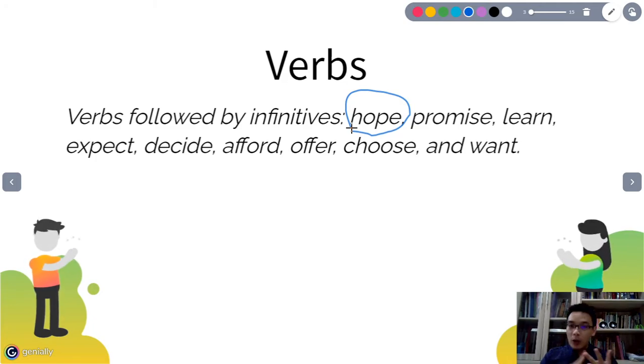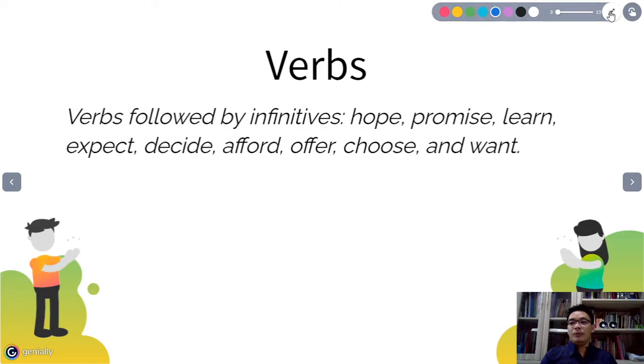I am hoping to go home early. She was hoping to go home early. They were hoping to go home early. You see the verb hope change, but the to infinitive remains the same. To go.